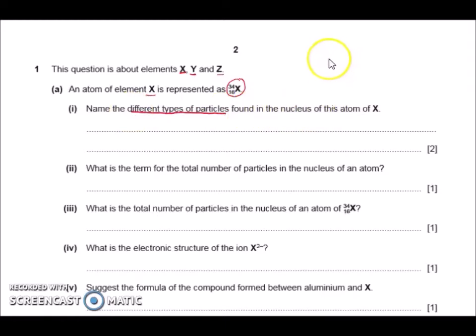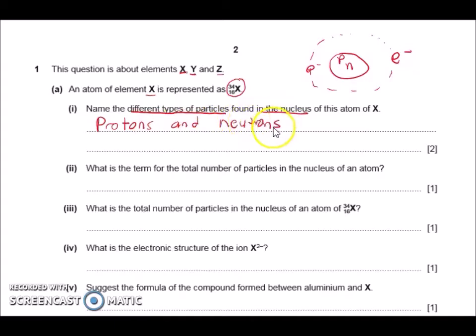As we understand, inside the nucleus we have protons and neutrons, and around the nucleus we have electrons. They are asking about inside the nucleus, so your answer here will be protons and neutrons. This is 2 marks for you.